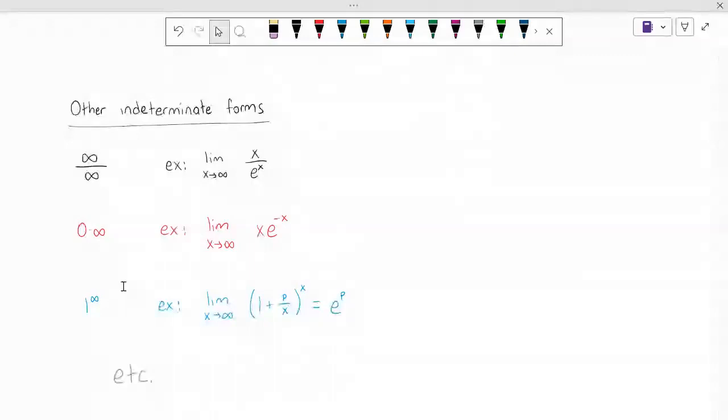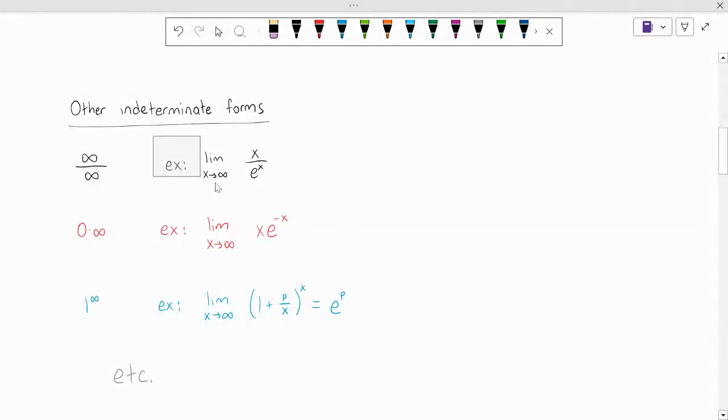So infinity over infinity is an example of an indeterminate form. Basically, what this means is that you have something really big in the numerator and something really big in the denominator. So when that happens, it's hard to say what the ratio will be equal to, because it depends on just how big the numerator and denominator are relative to each other. So this is going to be another indeterminate form.